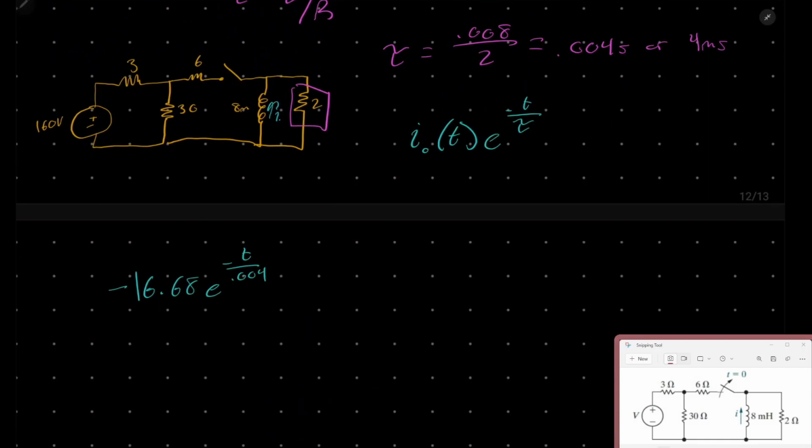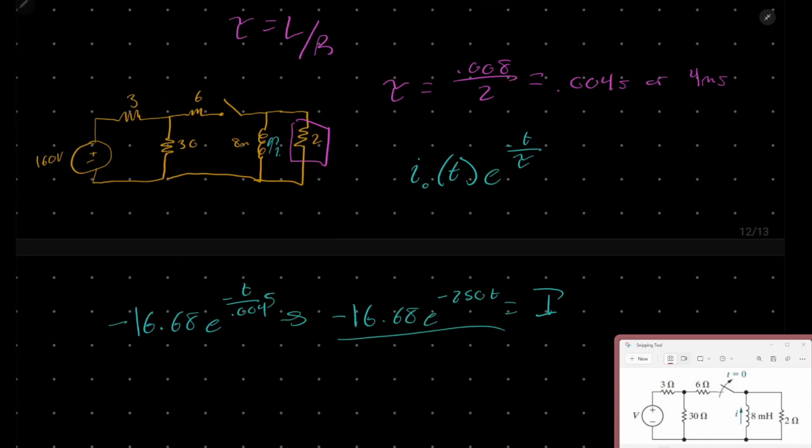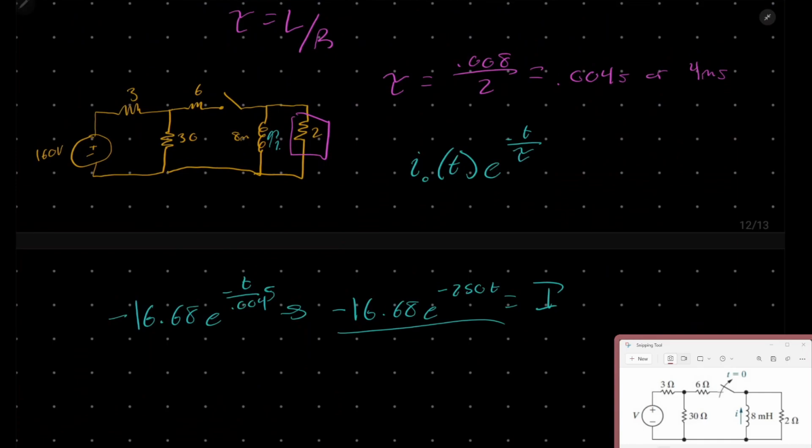Or you'll also see it written with tau at the top, and we do that by just finding the inverse of 0.004, which is 250. So we'll also write it as negative 16.68 e to the negative 250 t. And that is our current going through the inductor after the switch opens.